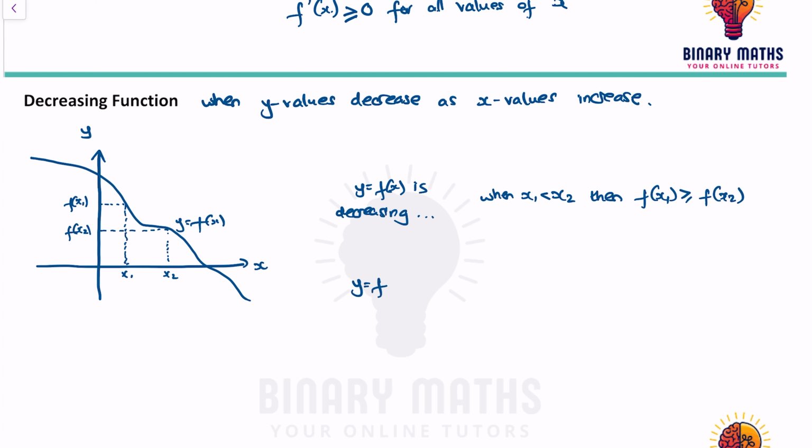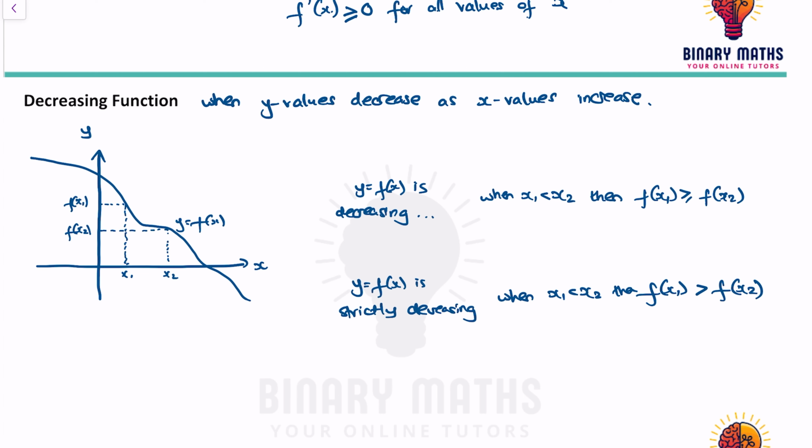Y is equal to f of x is strictly decreasing when x1 is less than x2, then f of x1 is just greater than f of x2.